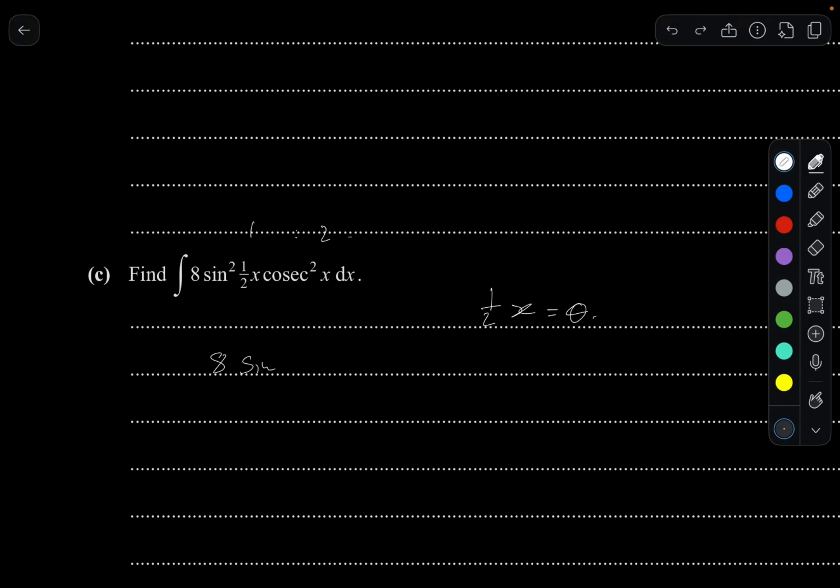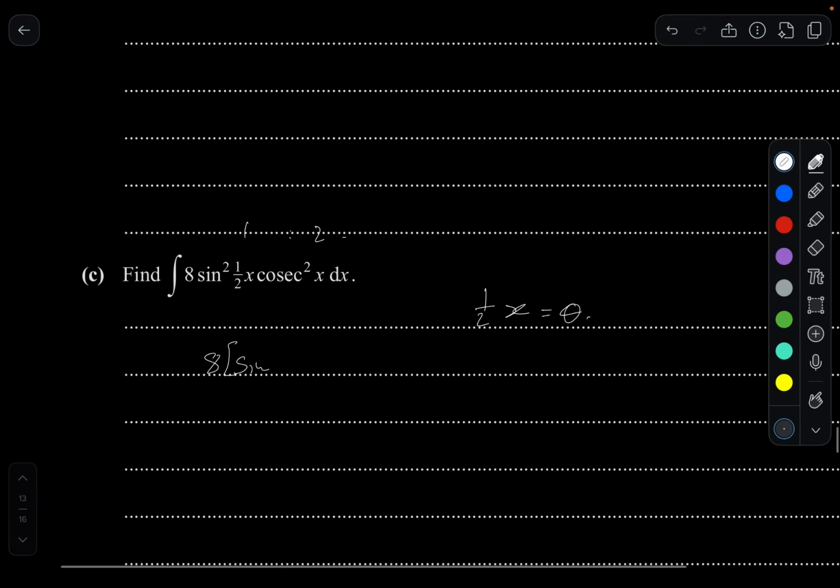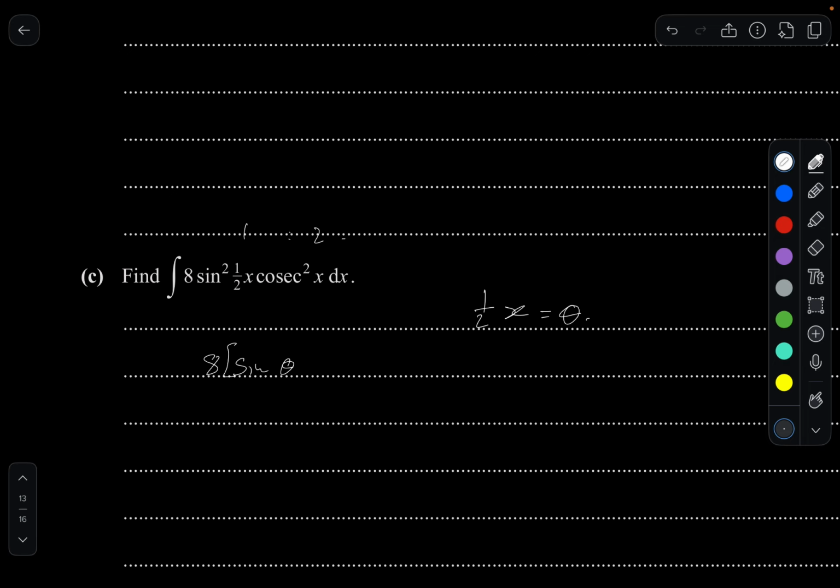So then we can say, since that's the case, we have theta cosec of 2 theta, and then this will be squared. That's what we have there. Now what we can do is re-put that part and put the 2 next to it.